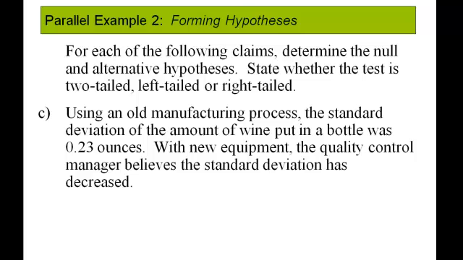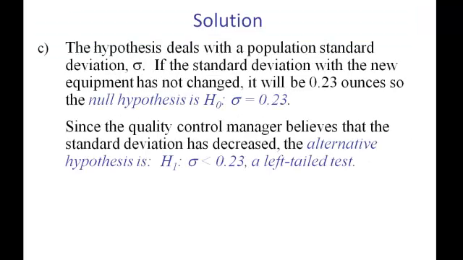And finally, remember the wine bottling problem. In the past, using the old equipment, the standard deviation of the amount of wine dispensed into the bottles was 0.23 ounces. But now, using the new equipment, the researcher believes that the standard deviation has decreased. So, our hypothesis deals with a population standard deviation. And remember, the symbol for that is the Greek letter sigma.